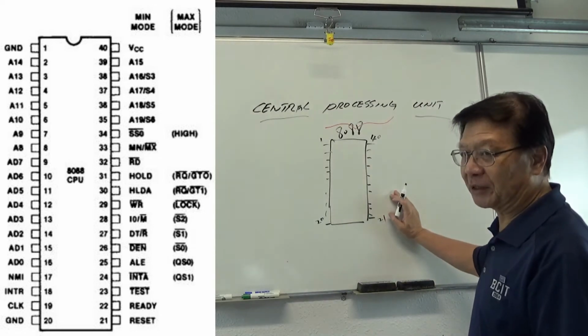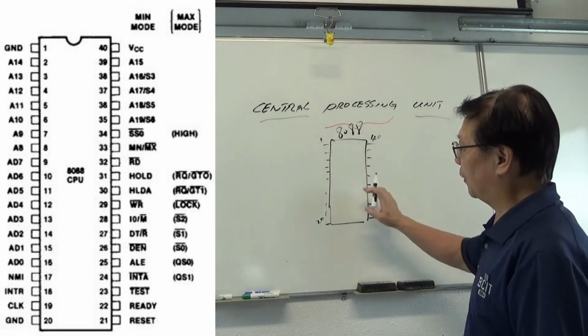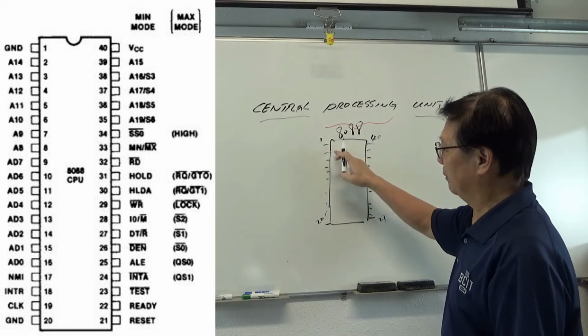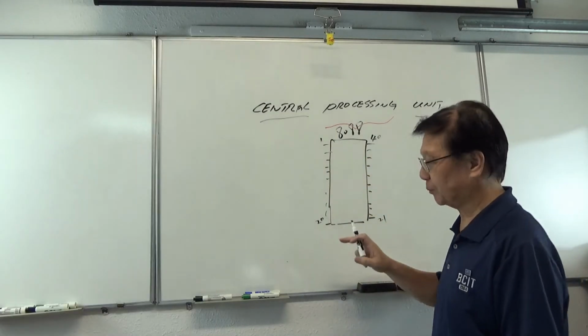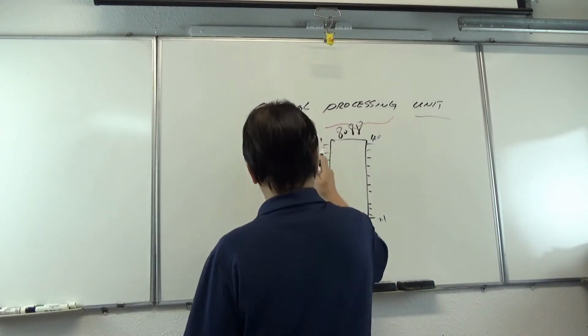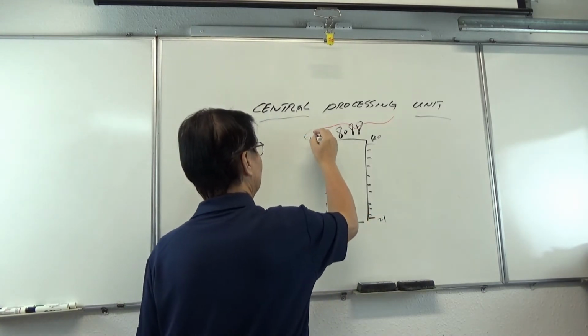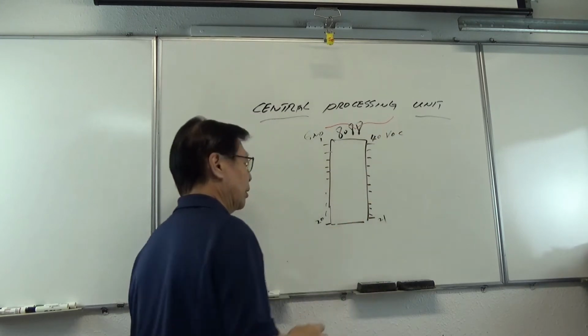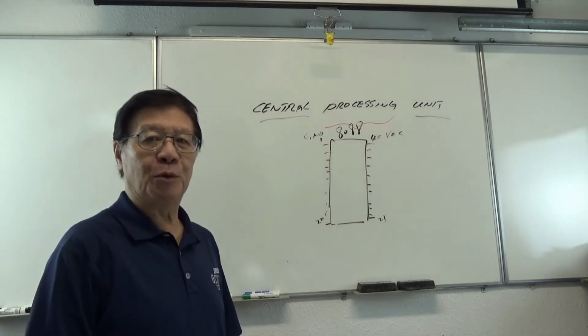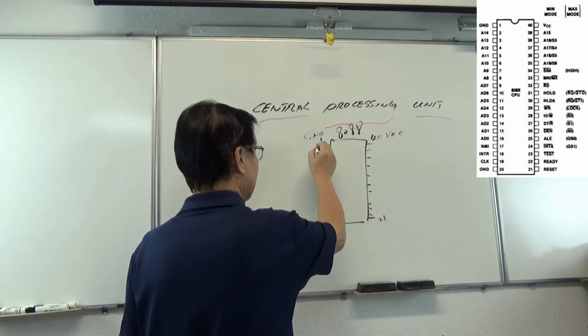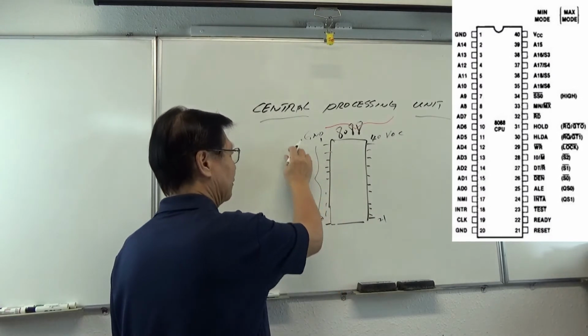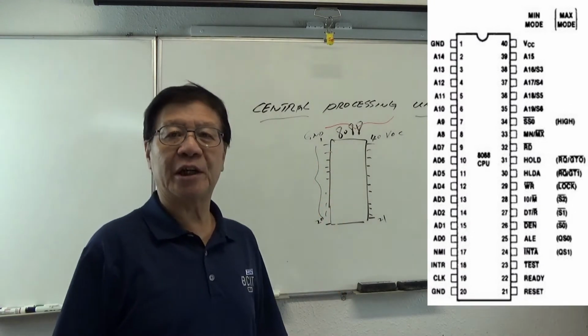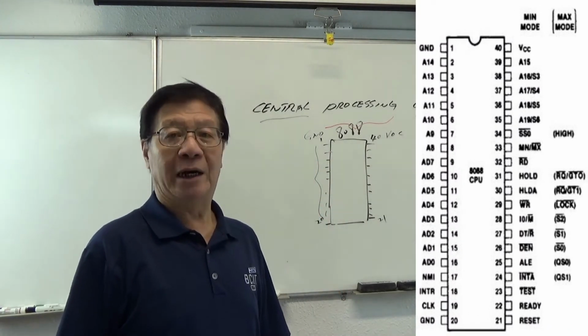The 40 pin assignments, from 1 to 20 on this side. This one is a ground. This one is a VCC, a voltage, the power for the CPU. And from here to here, we have some pins assigned to data.